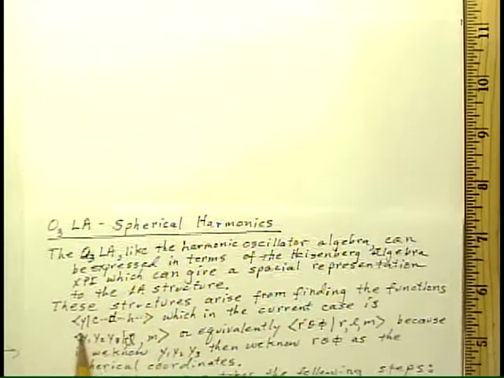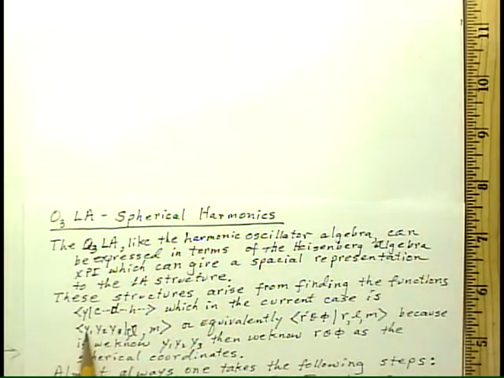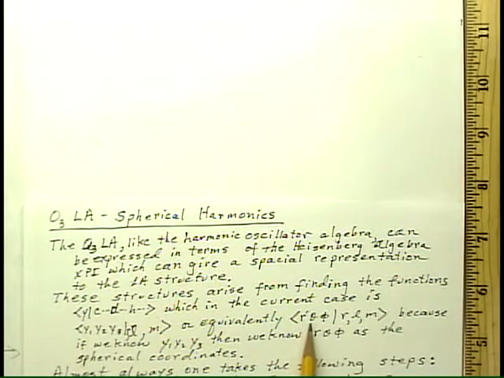Equivalently, if we know the eigenvalues of x, y, and z, which are y1, y2, and y3, then by going over to a spherical harmonic, rather than using those three components, we can re-express those into r, theta, and phi.